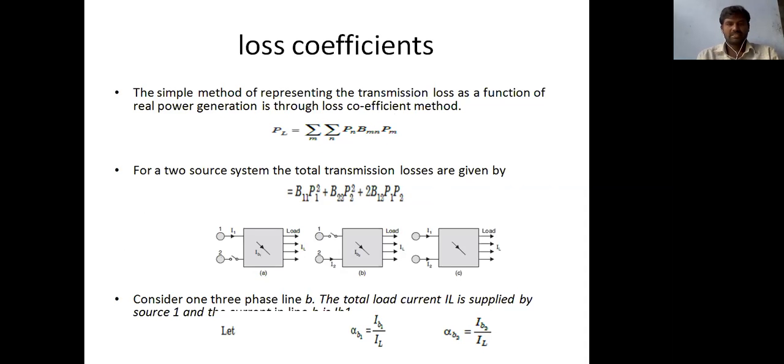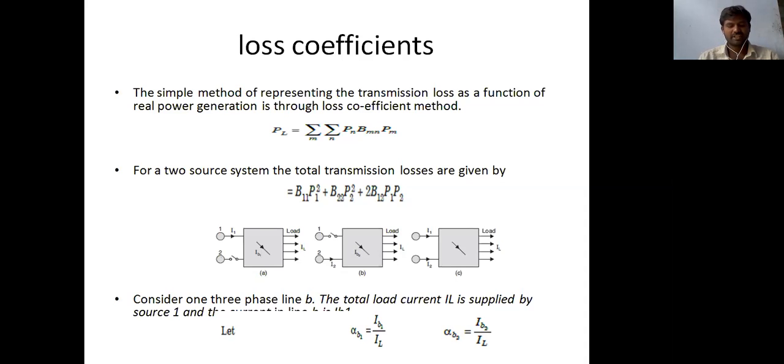Next, the calculation of loss coefficients for the two source system. The transmission line losses are given by PL equals B11 P1 square plus 2 B12 P1 P2 plus B22 P2 square. Here IB1 and IB2 are the currents flowing in the branch network, and IL means the load current.